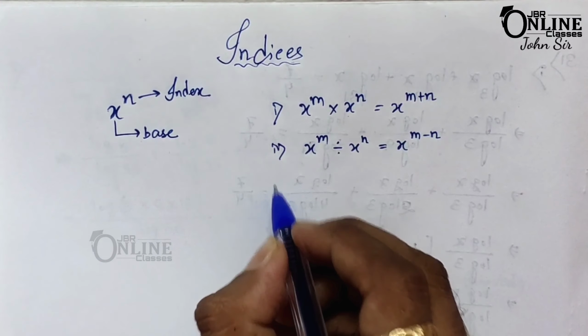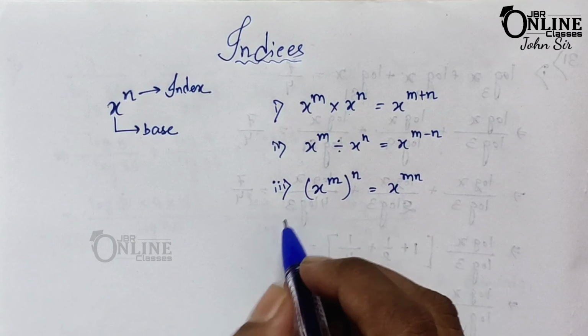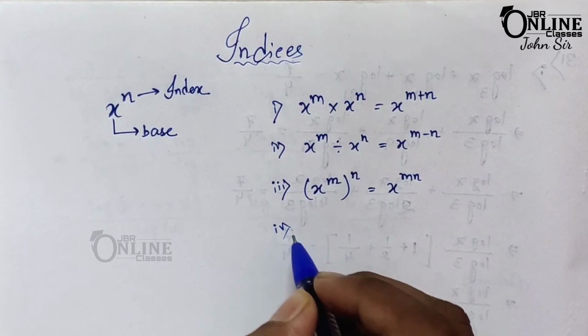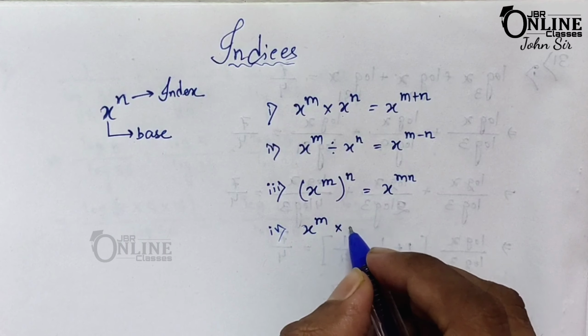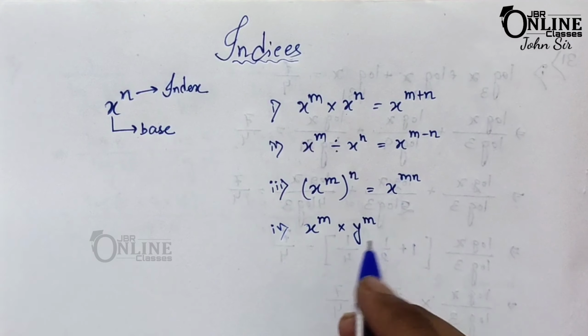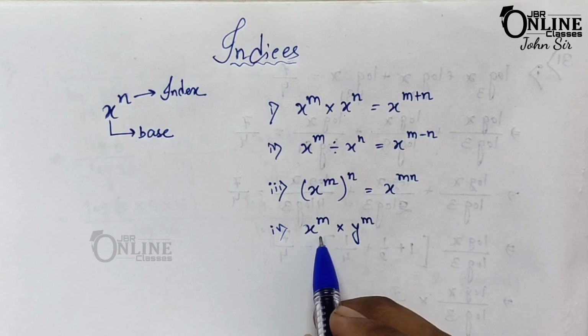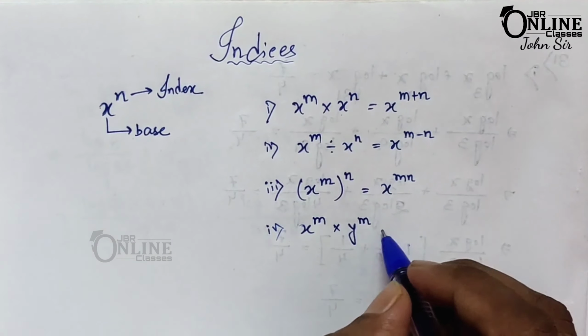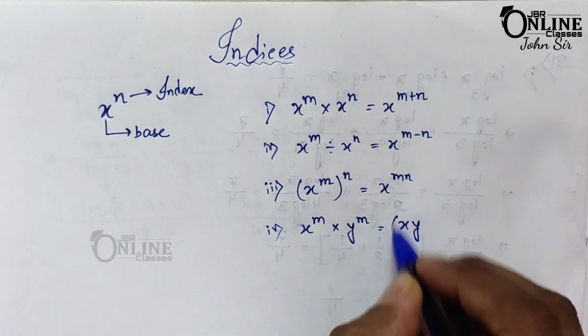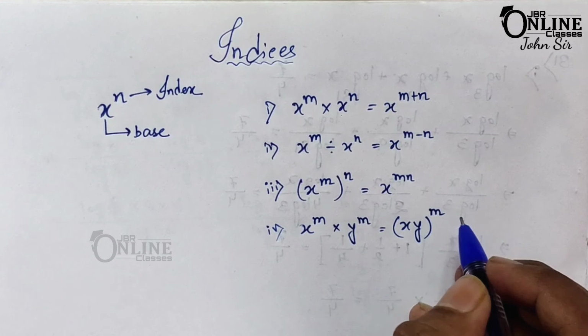Now the third rule: if x to the power m whole to the power n, that means power after power, then the power will be multiplied, so it becomes x to the power mn. Next, number 4: x to the power m into y to the power m, that means both the bases are different. Here the base is x, here the base is y, but the power is the same, so you can write it this way, xy whole to the power m.